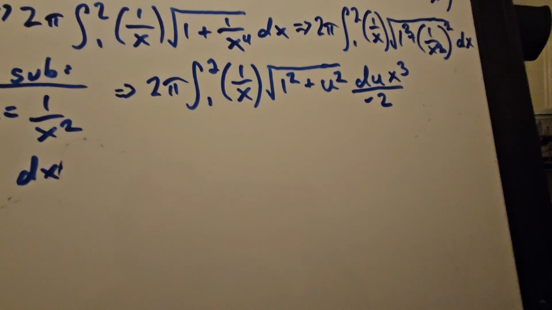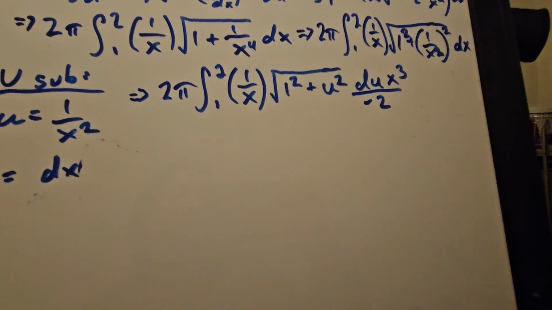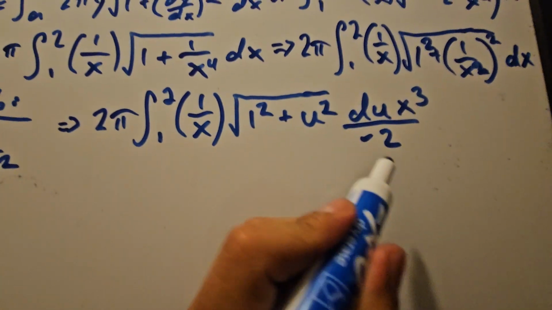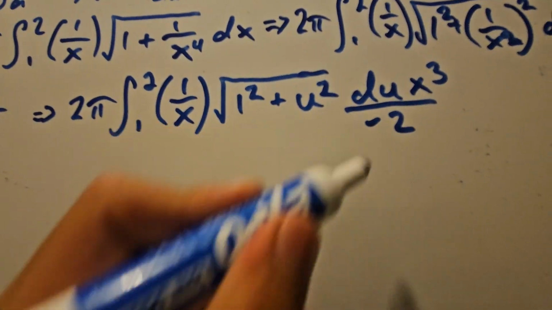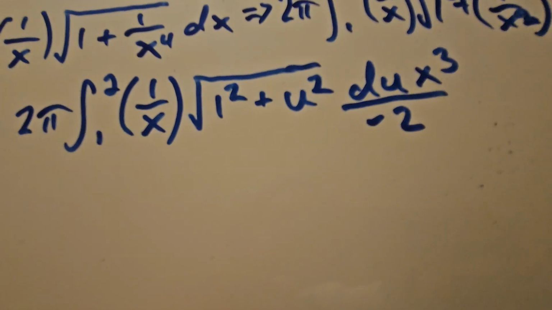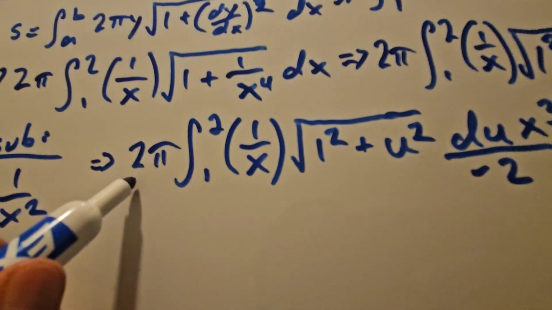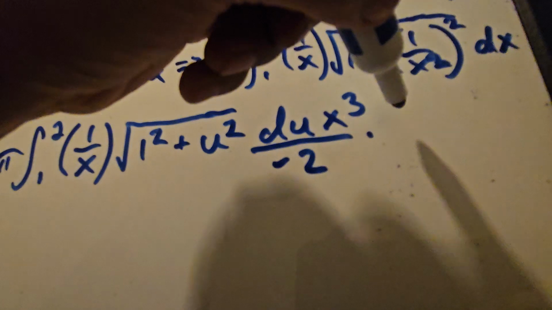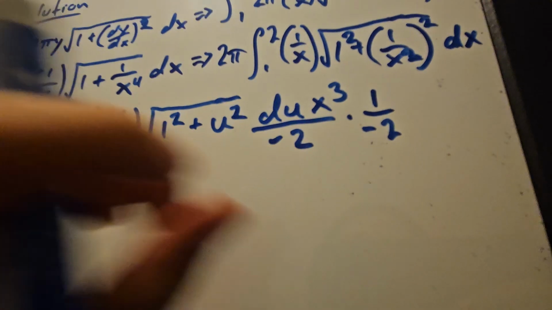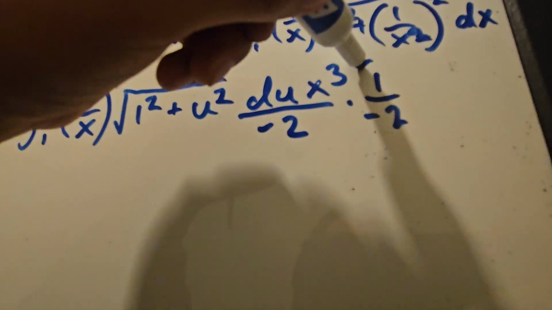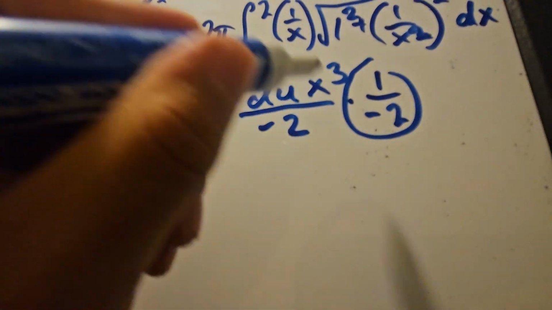Okay, so remember, we can pull out the constant from the integral. So we're going to be pulling out a negative 2, right? Not a negative 2, but a 1 over negative 2. We're going to pull this out of the integral. You get the idea.